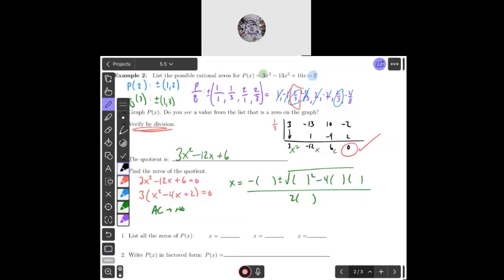I have that -4 there, so I'm using these numbers here. When you do the math in there, you get 16 minus 8, so that's 8.